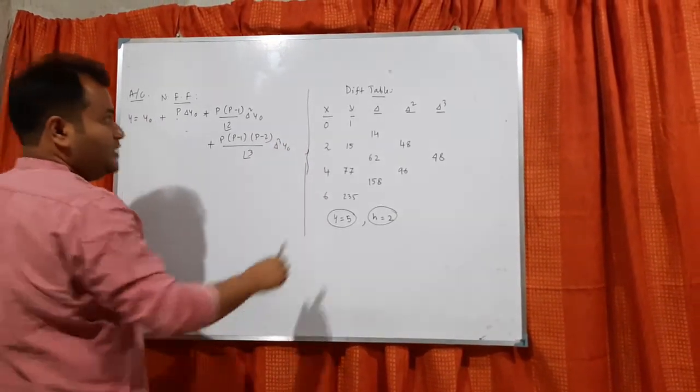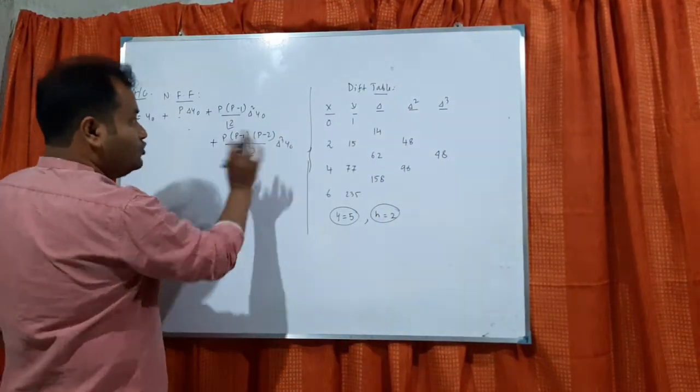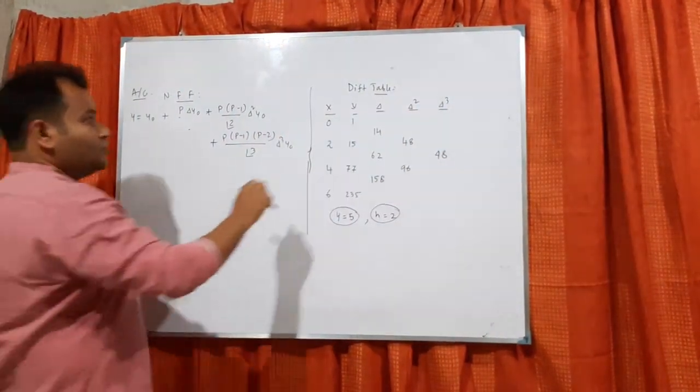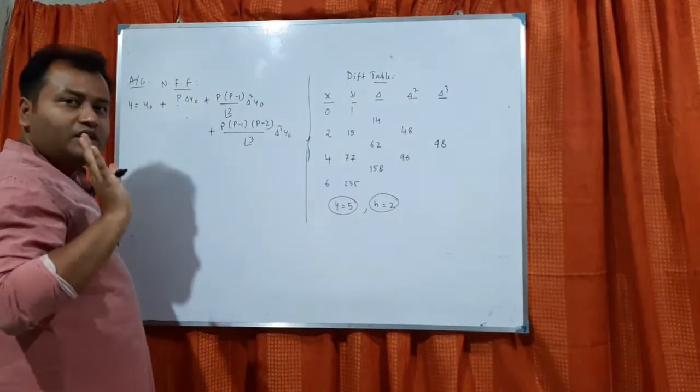Now look at this problem, the differences have stopped at delta 3, so the formula we will write up to delta 3.